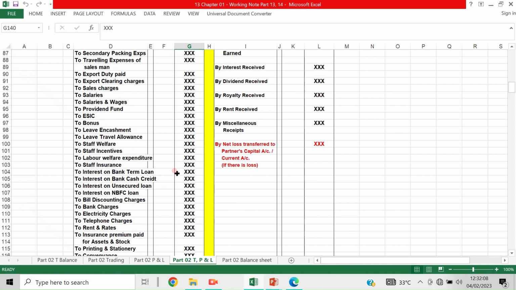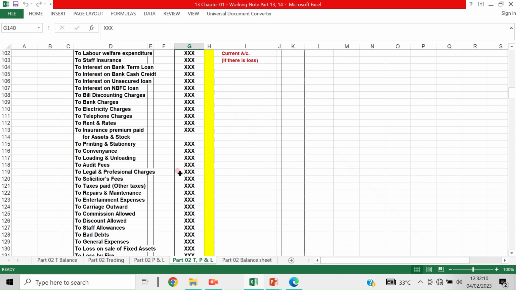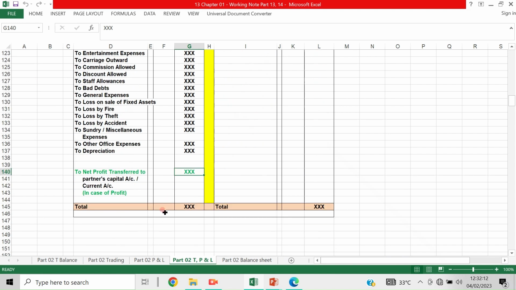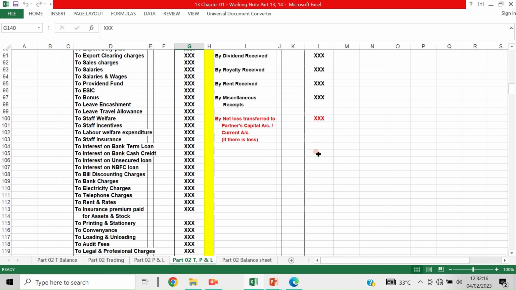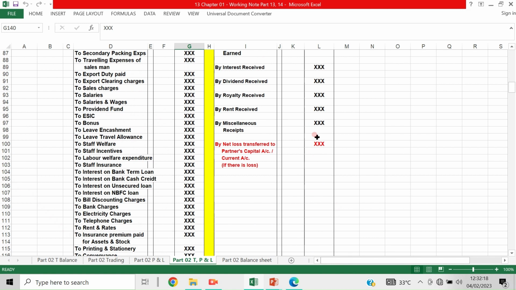And here also, on the contrary, if the indirect expenditure is more than the gross profit and indirect income, there will be a net loss. Okay, net loss.